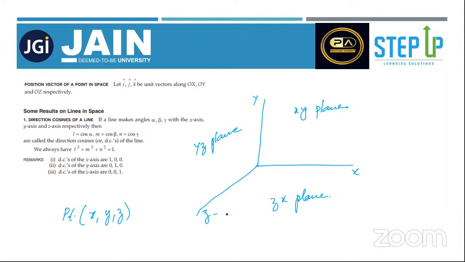Now, this point X, Y, Z, if we have to represent it in the XY plane, it will be X, Y, and minus Z. If the same point we have to represent in the YZ plane, it will be minus X, Y, and Z. In the ZX plane, it will be X, minus Y, and Z. So in the XY plane, Z will be negative; in the YZ plane, X will be negative; and in the ZX plane, Y will be negative.